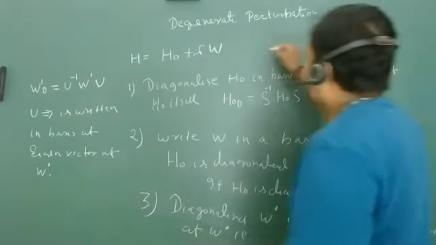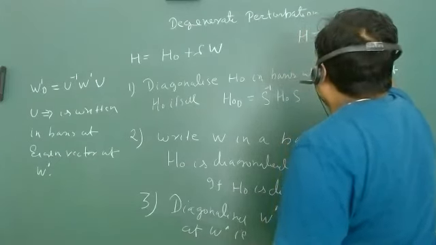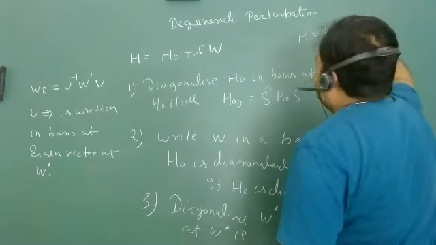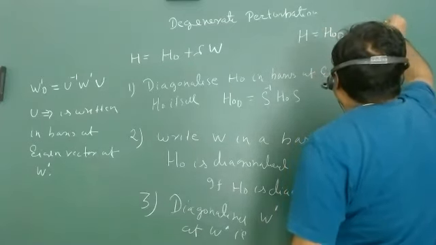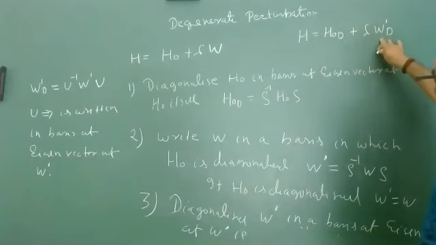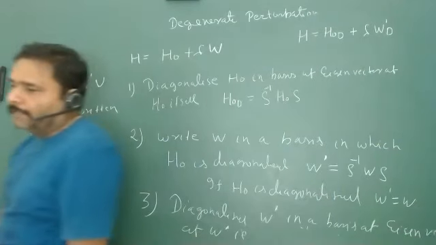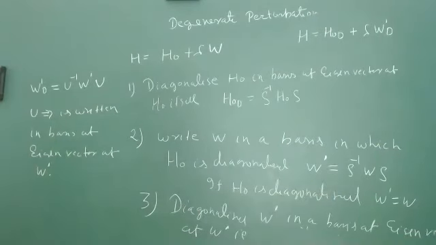So now we have H is equal to H naught diagonalized plus lambda W dash diagonalized. All are diagonalized, so you can easily get the eigenvalues, isn't it? If the matrix is a diagonal matrix, then there is not any problem. You can easily get the eigenvectors. Are you getting this thing? If you have any doubt in any step, then please tell me.